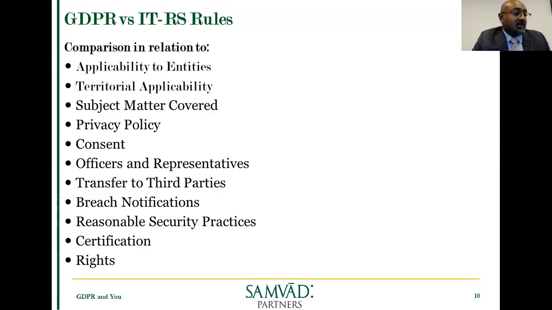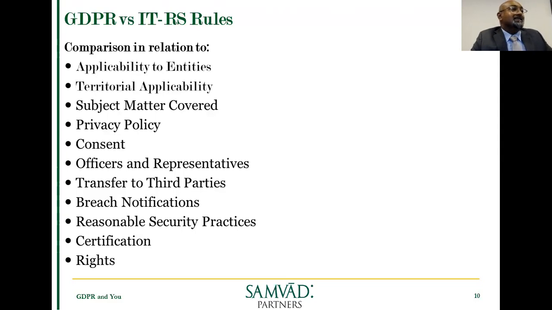Firstly, it's important to note that Article 44 says transfer outside the EU of personal data can only happen under the conditions of Chapter 5. So these are the only situations in which these transfers are permitted. Firstly, they are only allowed if the country offers adequate protection, and that has to be certified by the EU supervisory authority. What is adequate protection?